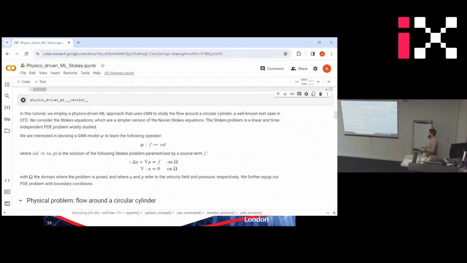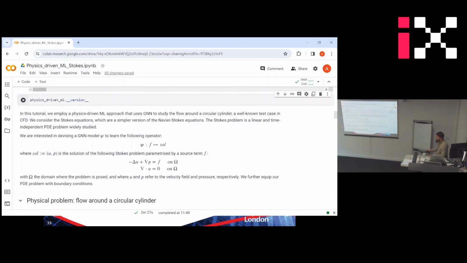So this is what we want to do. This tutorial is about doing operator learning, where we want to learn the mapping from, remember, we have a PDE that is parameterized by parameter f. So f is the right-hand side. And we want to learn the mapping from that right-hand side f to the solution of the PDE. This is the Stokes equation, for those who are not familiar with it. This is a simpler version of Navier-Stokes. Navier-Stokes is ubiquitous in CFD, computational fluid dynamics problems. And this is a simpler version in the sense that it's linear.